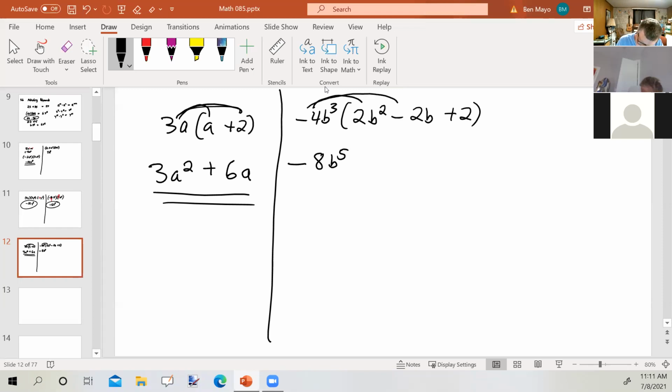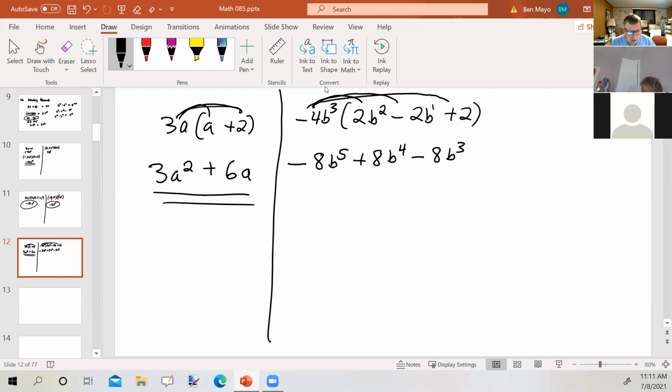Negative 4b cubed times minus 2b, negative or minus times minus is plus. 4 times 2 is 8. B to the 1, 2, 3, 4th power. And then negative 4b cubed times plus 2 would be minus 8b cubed.